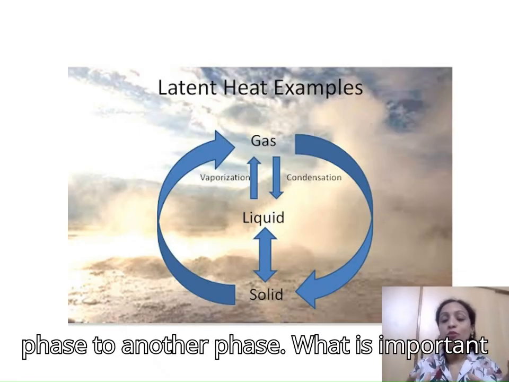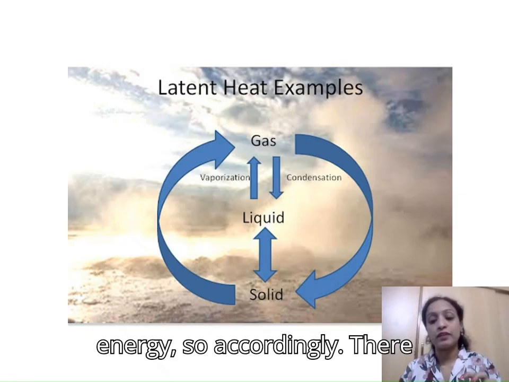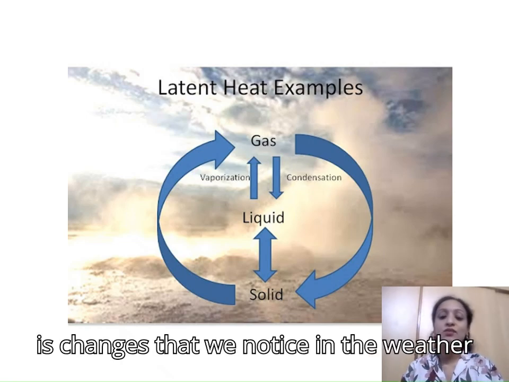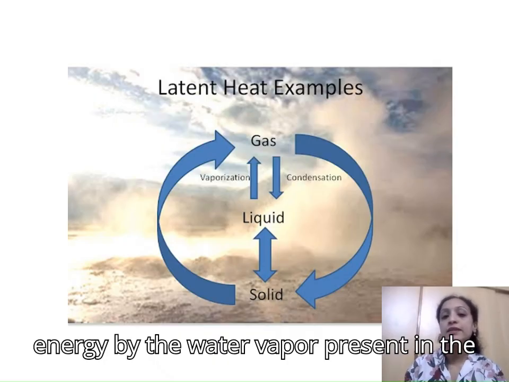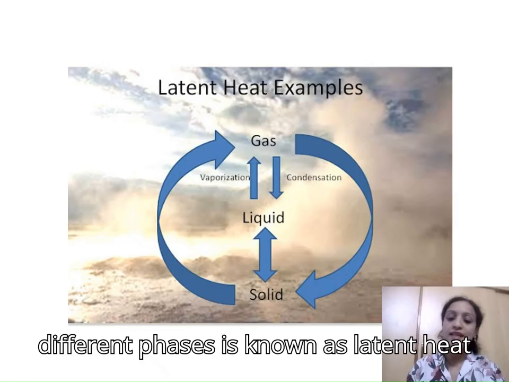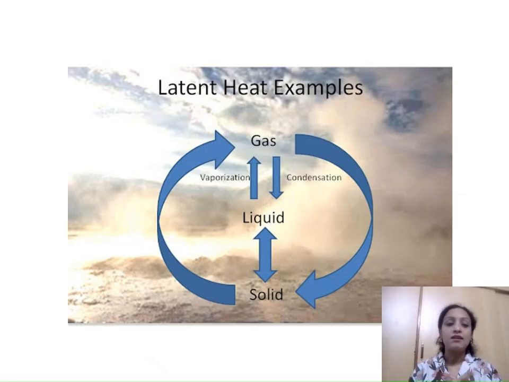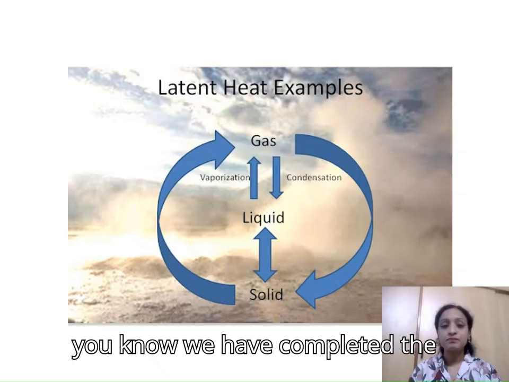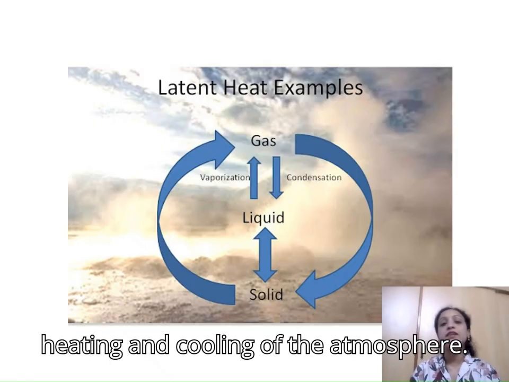What is important here is to understand whether there is release or absorption of energy. Accordingly, we notice changes in the weather pattern. With this, we've completed the explanation of the key mechanisms of heating and cooling of the atmosphere.